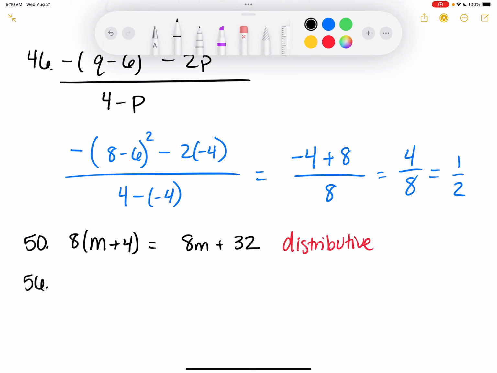56. -7 plus, in parentheses, x plus 3 equals x plus 3 plus -7. And they write it that way just so that the negative isn't getting all mixed up. What property gets us from the left side to the right side? I'll explain why it's not that one in a second.